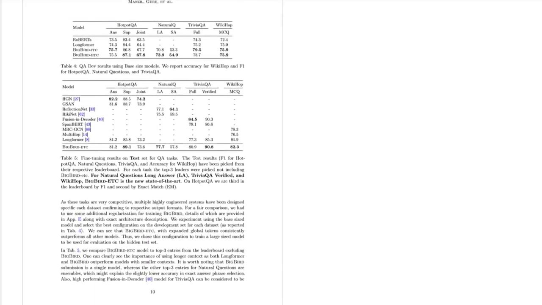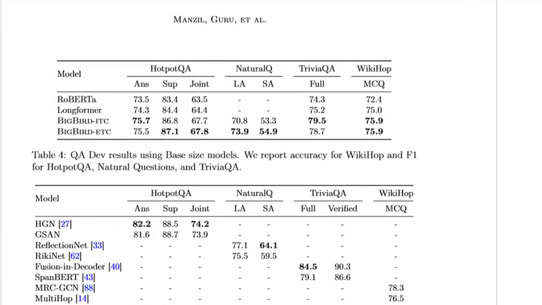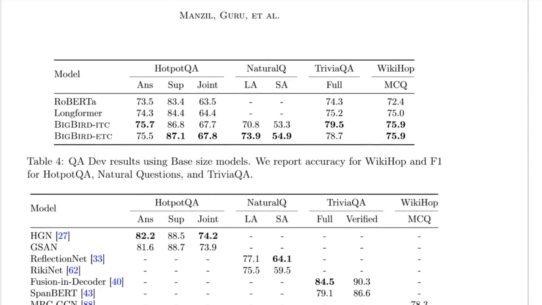So the results in various tasks, and we'll look at some of the tasks right here. These are dev set results using base size models, for example, where you can see they do outperform basic RoBERTa models. They outperform Longformer, which may mean that the random attention is useful, but in these things it may also just mean that you've thrown more compute at it.